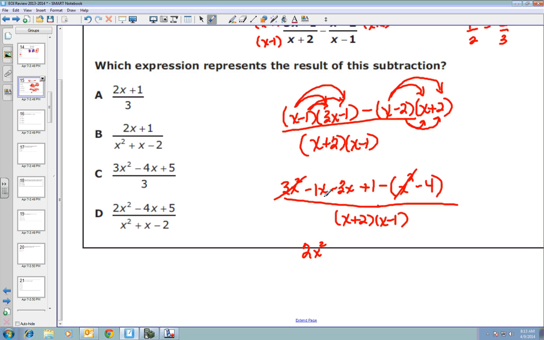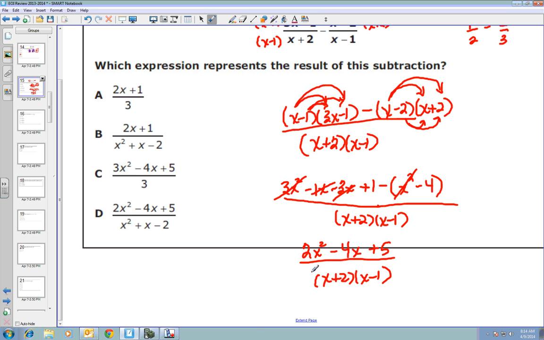I have a negative 1x and a negative 3x. So that's minus 4x. Then I have a positive 1 minus a negative 4. So what's 1 minus a negative 4? 5. Over my x plus 2, x minus 1.